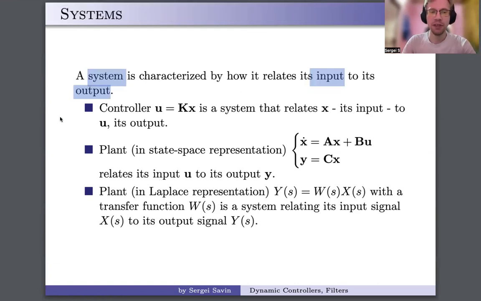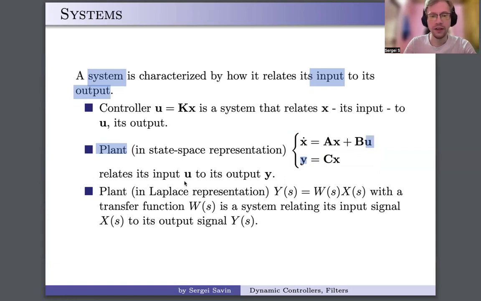Another one is a plant. Plant is, for us, usually this whole thing: x dot equals Ax plus Bu, y equals Cx. That together we can call plant. This is also a system. This one relates its input u to its output y. Okay.